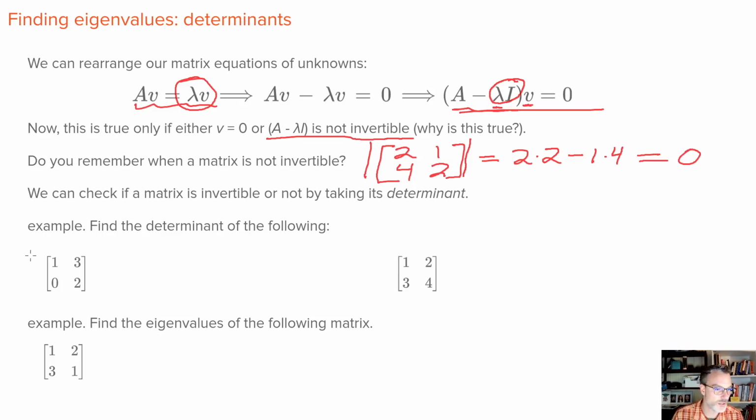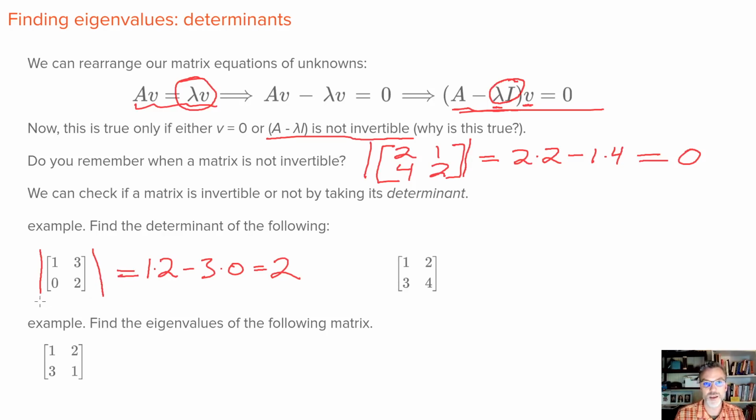Let's look in other contexts here with other matrices, and we'll calculate the determinant. Here the determinant is just 1 times 2, and then minus 3 times 0. That's an easy one. That just gives me 2. And you might remember that this is the matrix we found the eigenvalue and the eigenvector for in the previous slide.